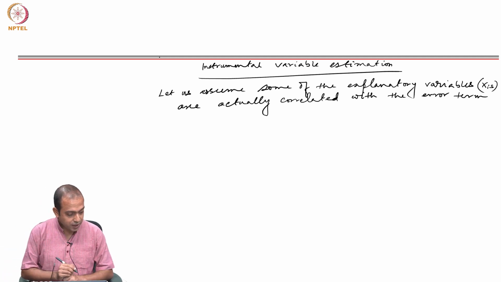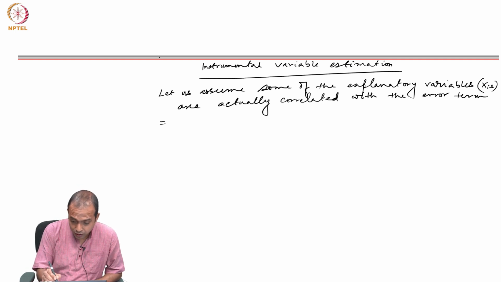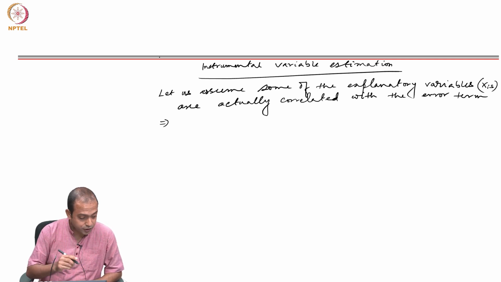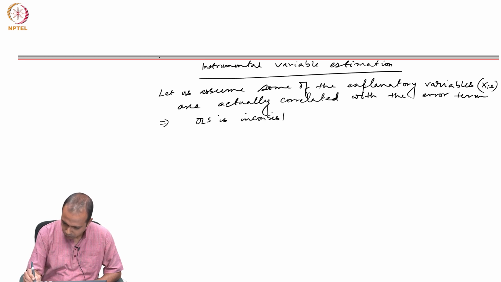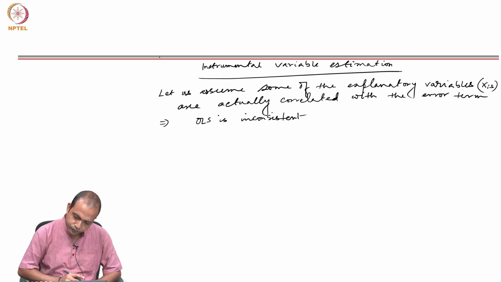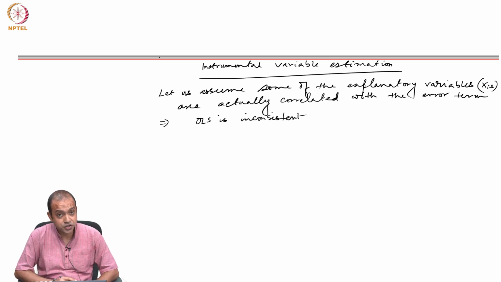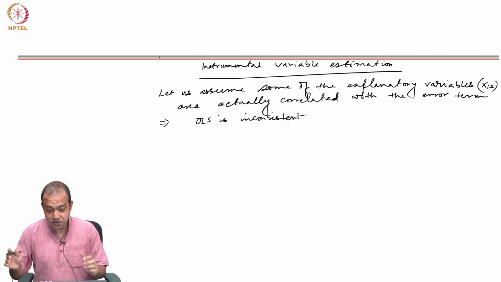If that is the case, then what happens when the error term is correlated with the explanatory variable? OLS is inconsistent. And what does inconsistency mean?